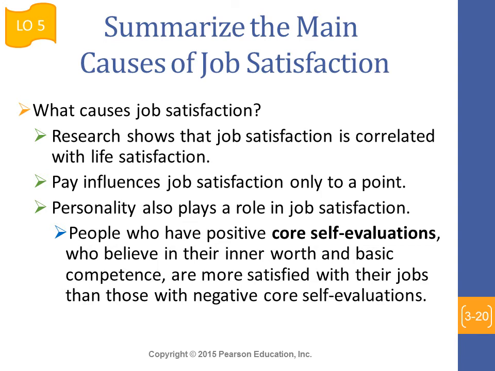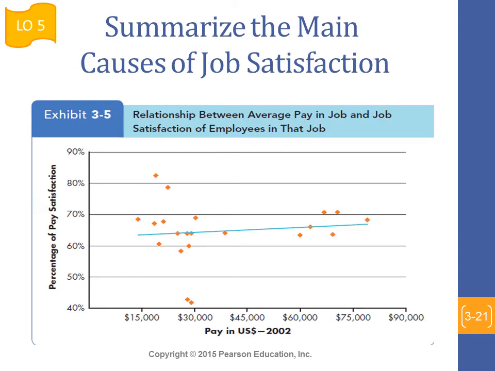At the same time, it also shows that payment or salary influences job satisfaction only to a certain point. Higher salary does not always mean that a person is satisfied with his or her job. In this figure, I find it very interesting. On the y-axis we have the percentage of pay satisfaction, and on the x-axis the yearly average income in US dollars in 2002.